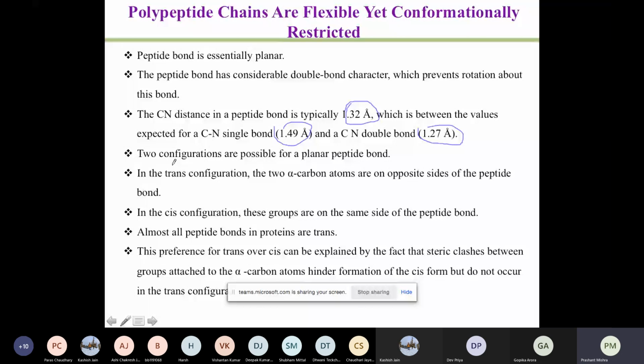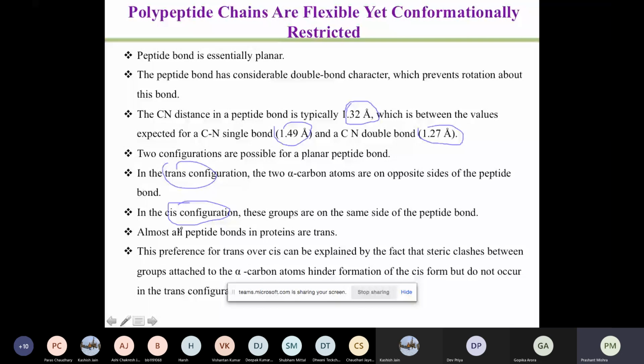There are two configurations which are possible for a planar peptide bond. One is a trans configuration and another is a cis configuration. So we'll discuss these two configurations in the peptide bond. And this kind of restriction is because of the steric hindrance, and that is what we'll talk about.